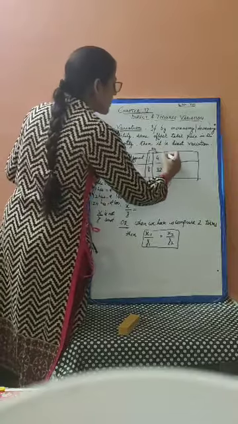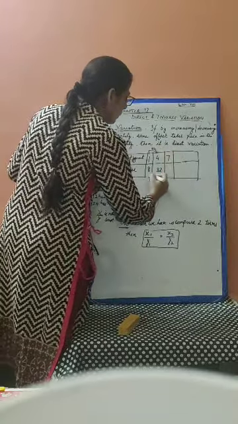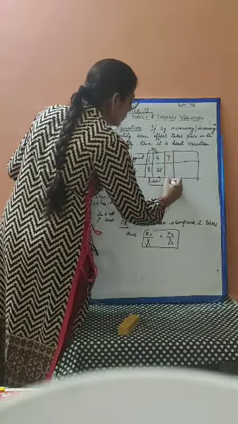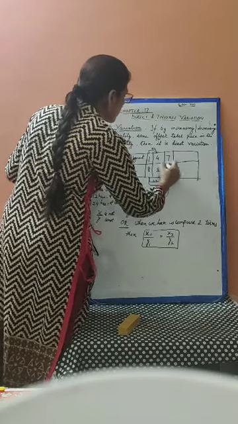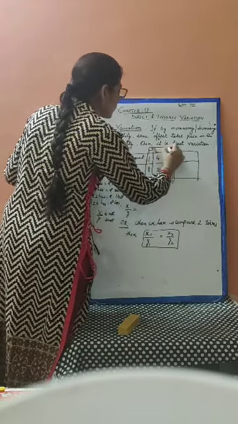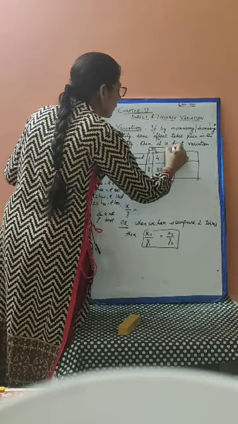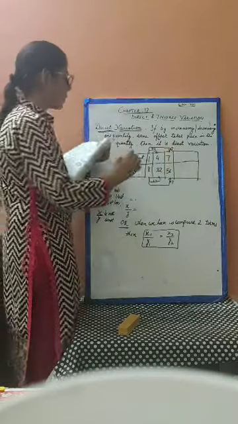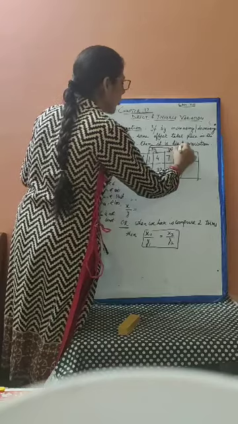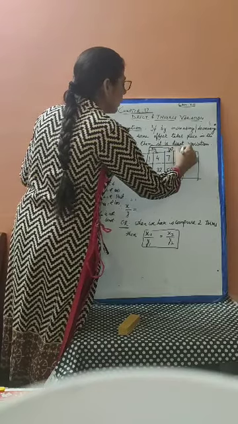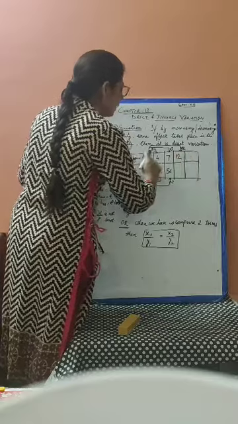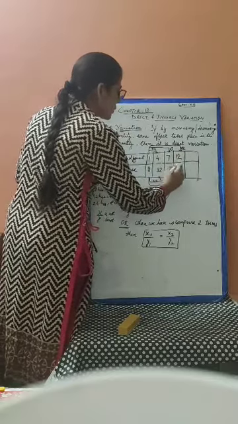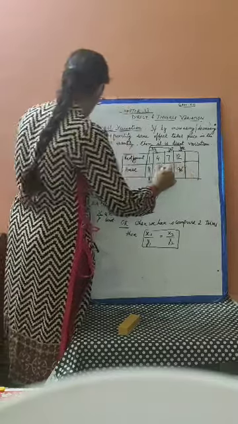Now if it is 7, then it will be 8 into 7. 8 sevens are 56. Next is 12. Are you able to understand? 8 twelves are 96.